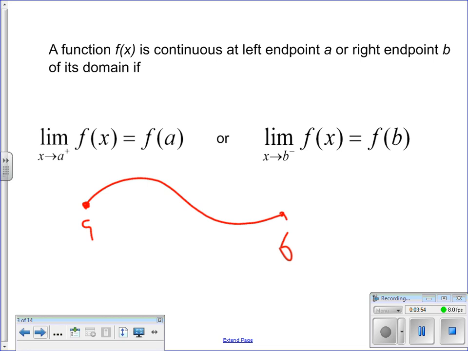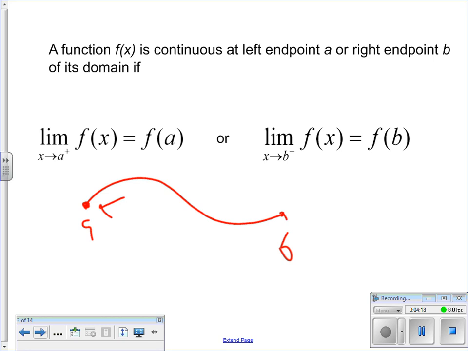It is continuous at a if the limit as I approach a from the right is equal to f of a. So at an endpoint, can I have a two-sided limit at an endpoint? No, I can't have a two-sided limit at an endpoint because I can only come at it from one direction. The other direction doesn't exist, so I can't come at it from the other direction.